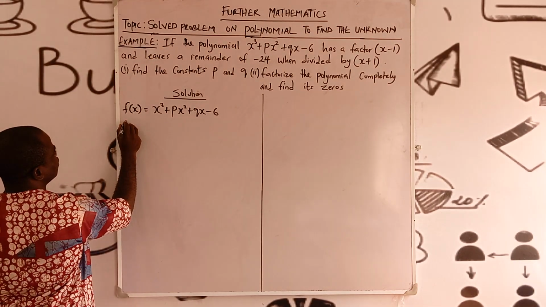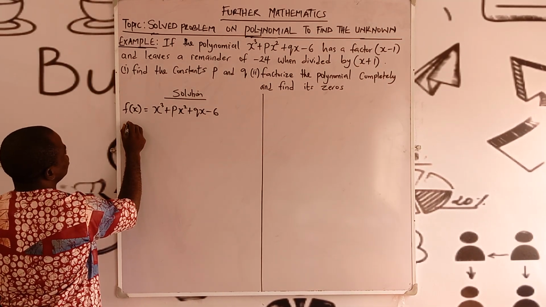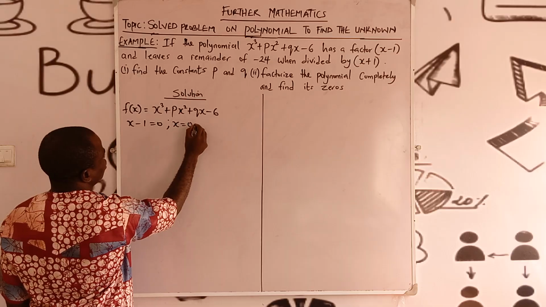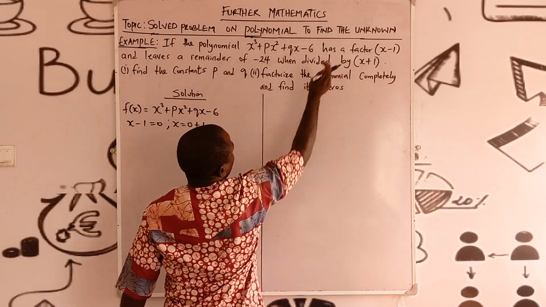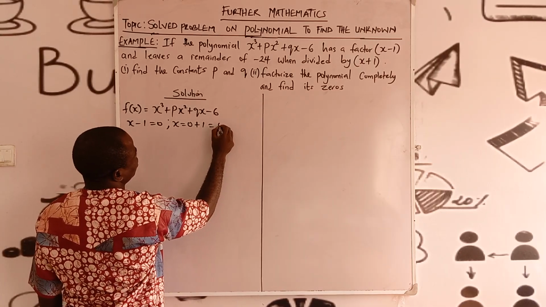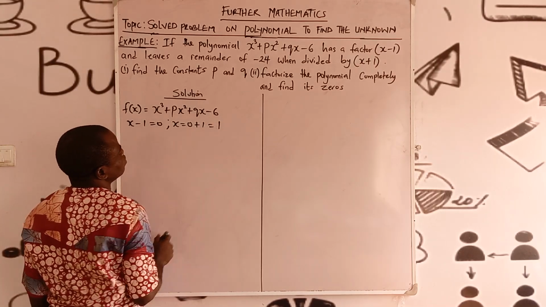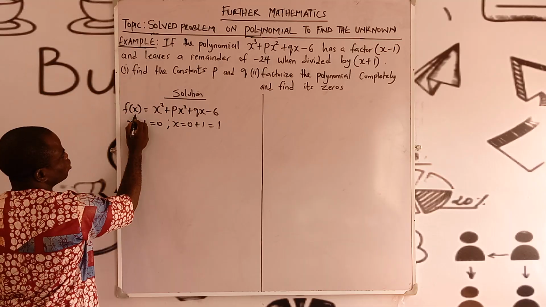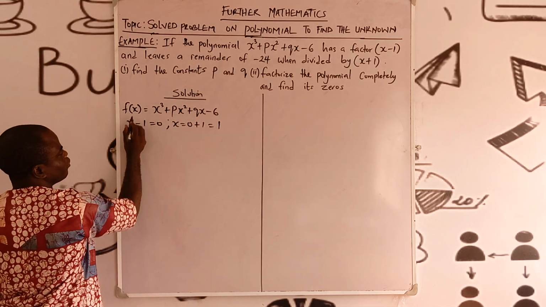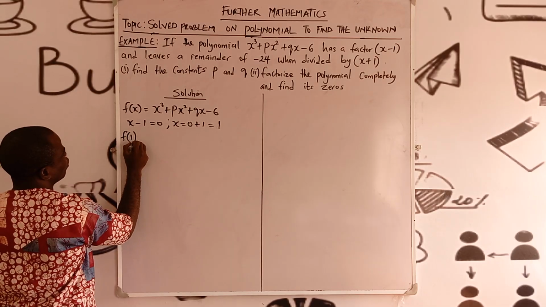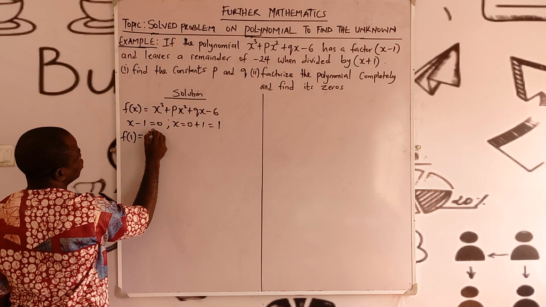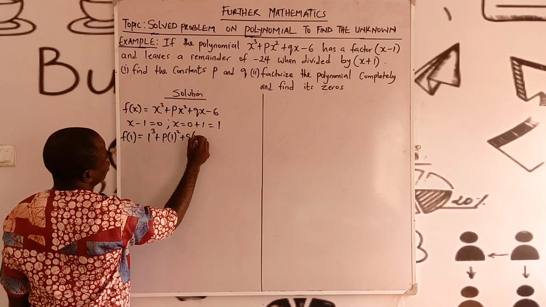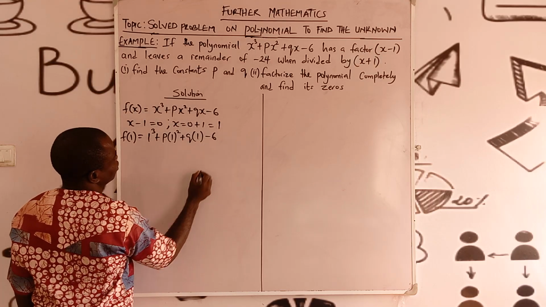Now we have f of x. Before you work with f of x, know that x minus 1 equals 0 gives x equals 0 plus 1, and considering this first one, there is a factor equal to 1. Now we substitute x equals 1 into our f of x. f of 1 equals 1 cubed plus p times 1 squared plus q times 1 minus 6.